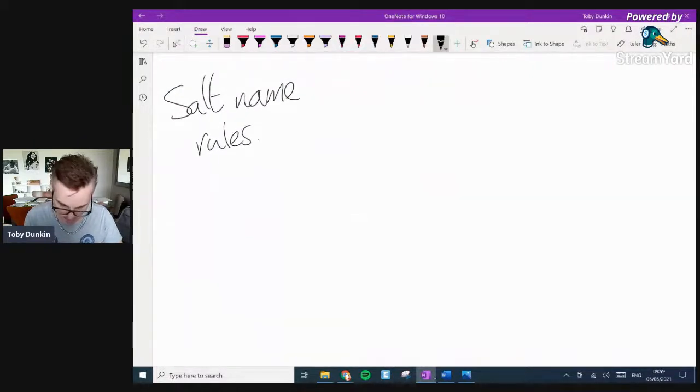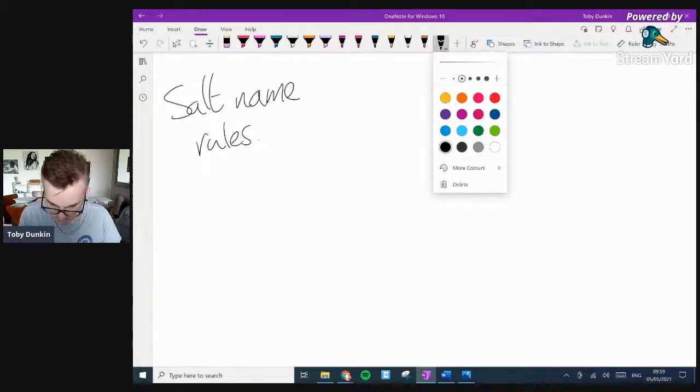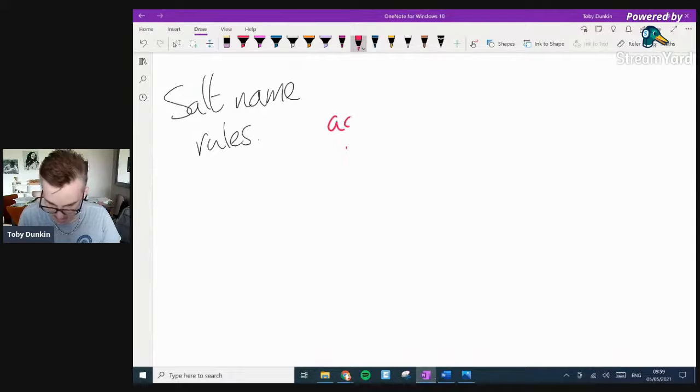So this is a table. I'm going to change my color. Acid used.